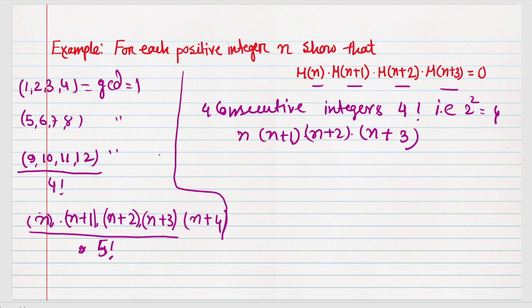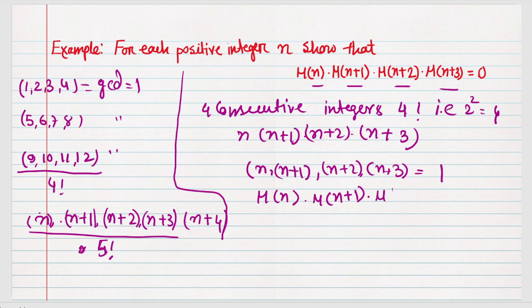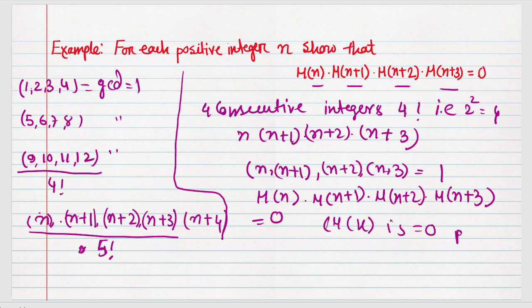As we know that mu is a multiplicative function, and the GCD of n plus 1, n plus 2, and n plus 3 is equal to 1, that means mu of n dot mu of n plus 1 dot mu of n plus 2 dot mu of n plus 3 is always equal to 0, because mu of k is 0 when there exists a p squared that divides k.